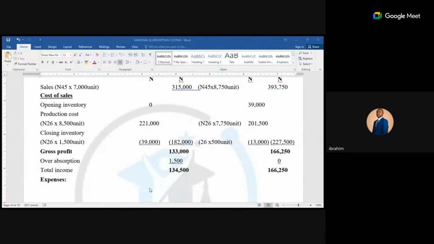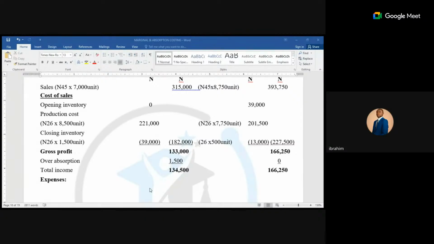You don't need to bring in your budgeted fixed overhead cost because you've used it to determine your over and under absorption. So how do we determine our overhead absorption rate? Is it not budgeted overhead divided by the budgeted level of activity? You've used it, so you don't need to bring your budgeted fixed overhead again, right?